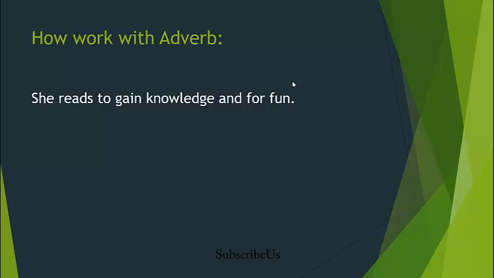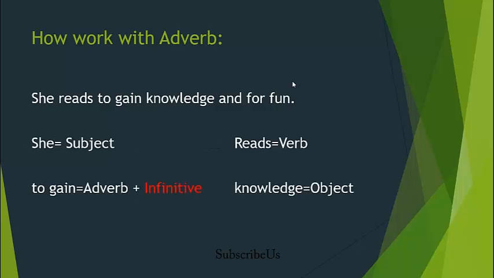To gain is an infinitive in this statement, and she is the subject and reads is the verb. To gain is adverb plus infinitive, and knowledge is the object over here.